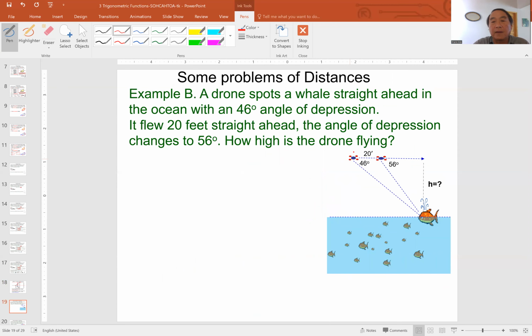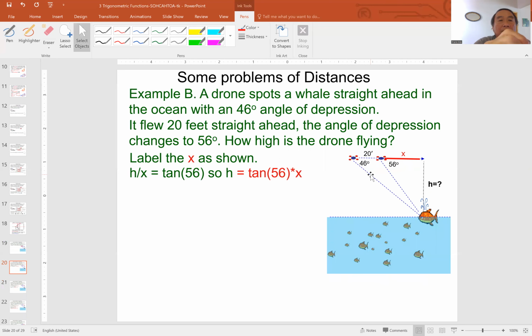A drone flies straight toward a whale, a big fish in the ocean, and it traveled 20 feet, and the angle of depression changed from 46 to 56 degrees. How high is the drone flying?